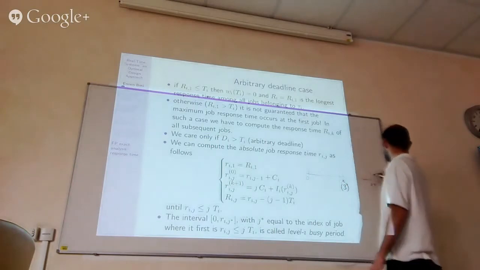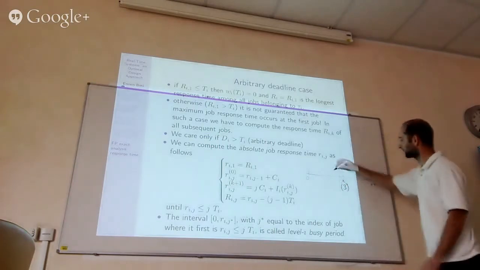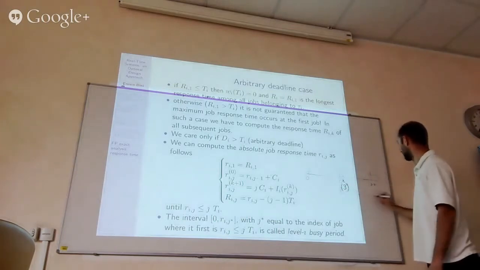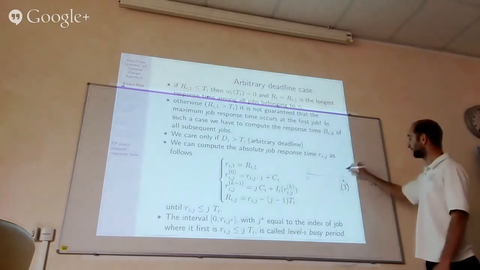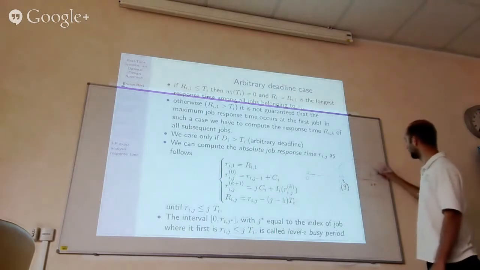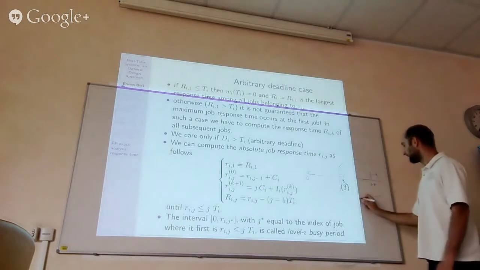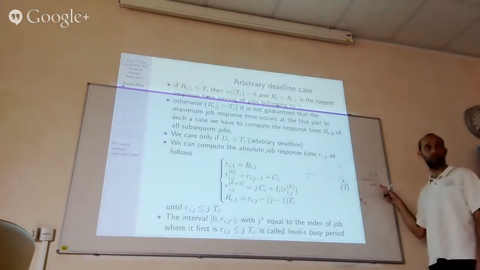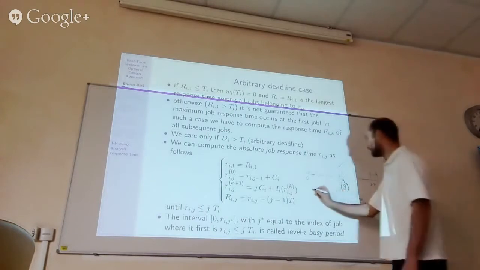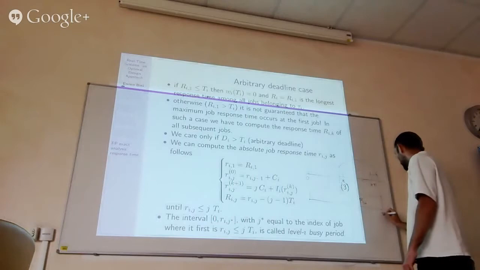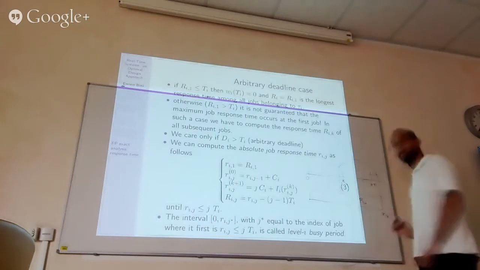Let's say this job completes here. So basically the job activated here completes here after all the interference. So this length is R_i2, the response time of the second job, while its absolute length is what I call small r_i2. Okay?